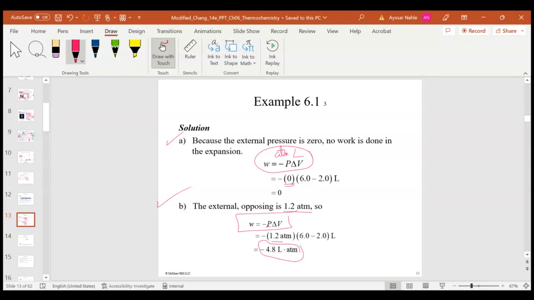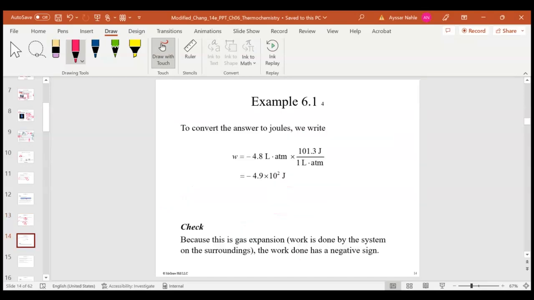We express it as joule, as calories, and things like that. If you want to convert it to joules, I will never convert unless you tell me what's the relation between the joule and the liter times atmosphere. If you don't give me the relation, I'm not going to solve it for you, because I'm not supposed to memorize things all the time.